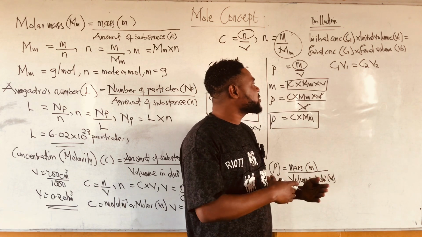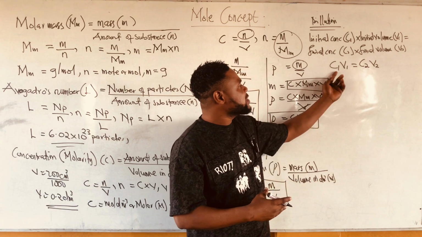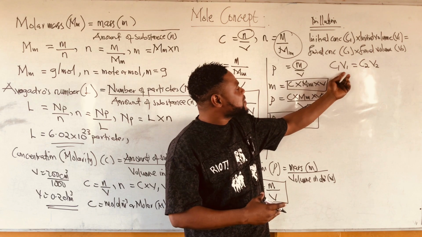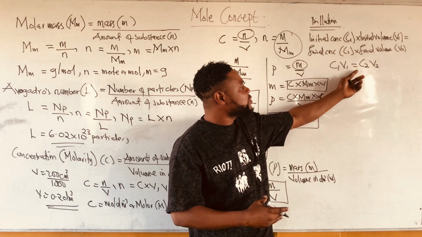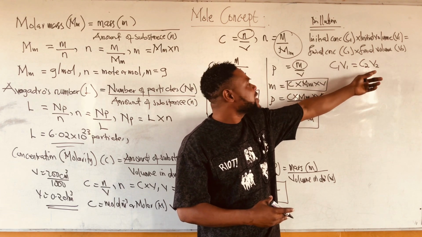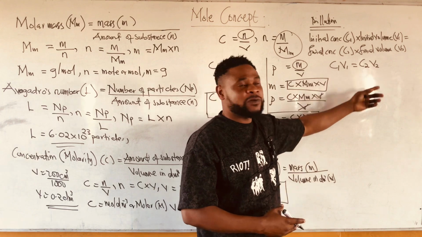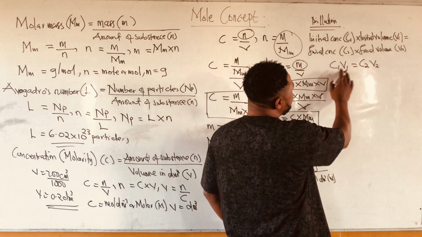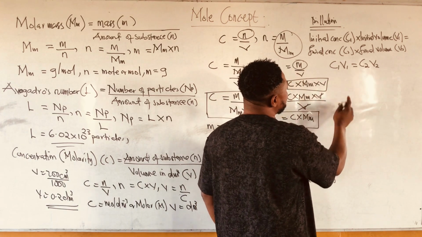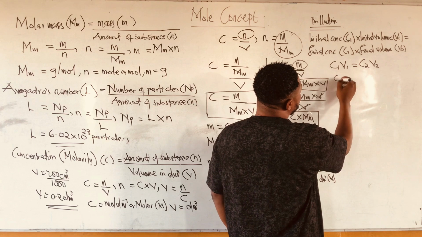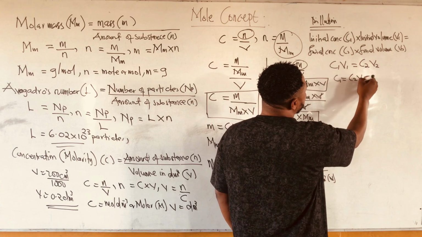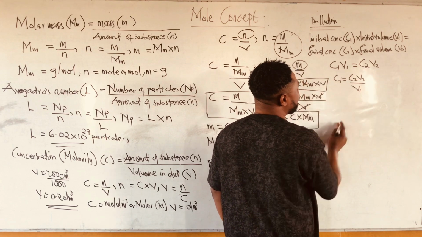Anytime we dilute a solution, the initial concentration times the initial volume should be equal to the final concentration times the final volume. And we can be asked to find any of these quantities. So we can say C1 should be equal to C2 V2 all over V1.